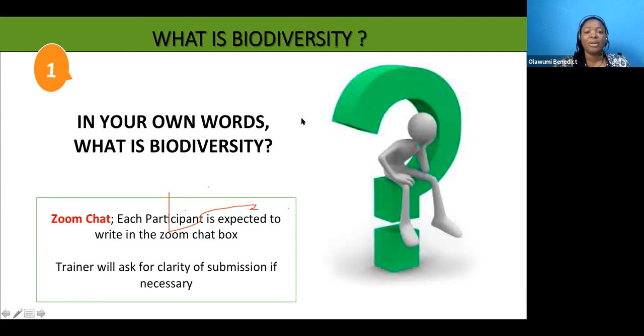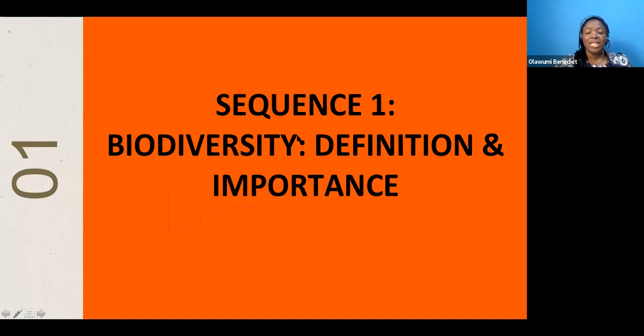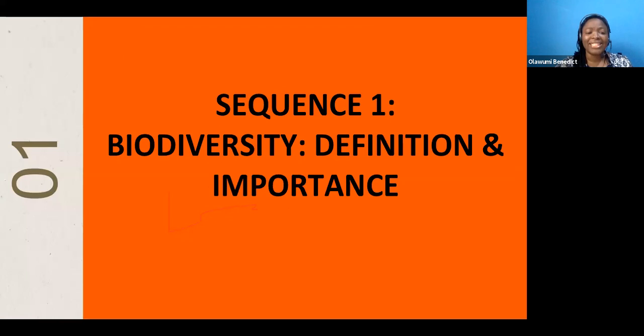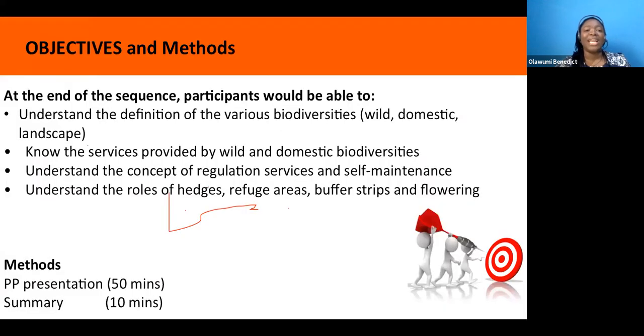Okay, while others are trying to type what is biodiversity, we move on to our topic for today, biodiversity, definition and importance. This is sequence 1, like lesson 1. At the end of this particular sequence, we will understand the definition of biodiversity, and we will know the services provided by the wild and domestic biodiversity.